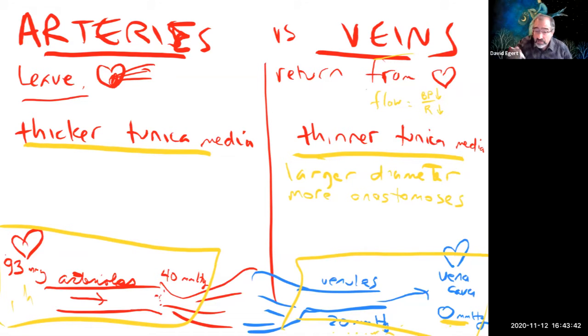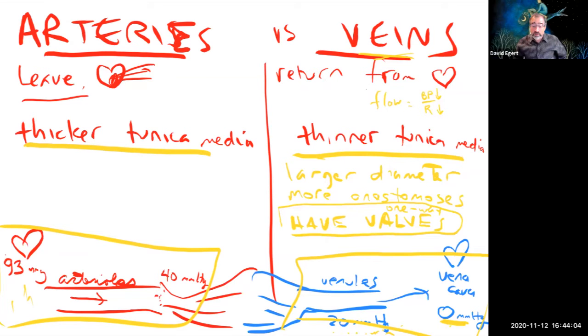And then the veins have valves, one-way valves. So that's going to be important. What that means is, as the blood is slowly limping its way back to the heart, the blood can't go backwards.